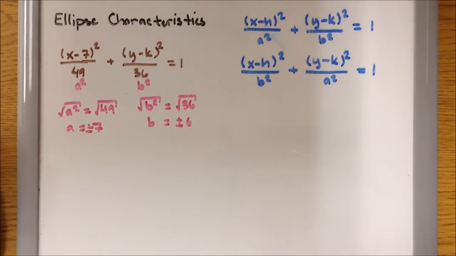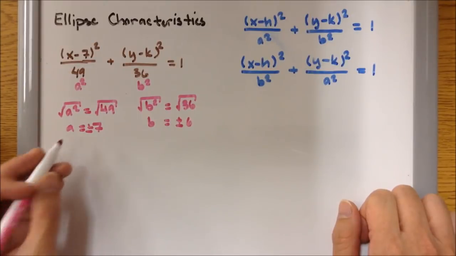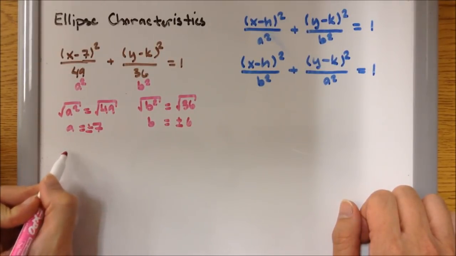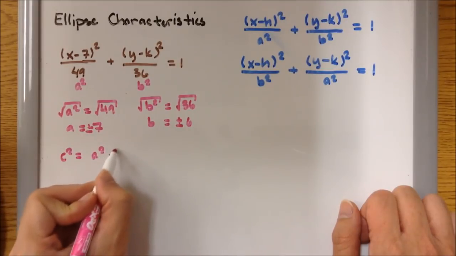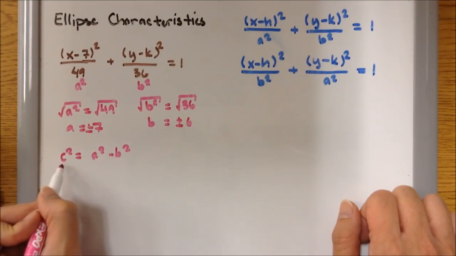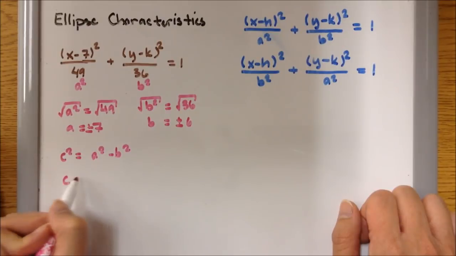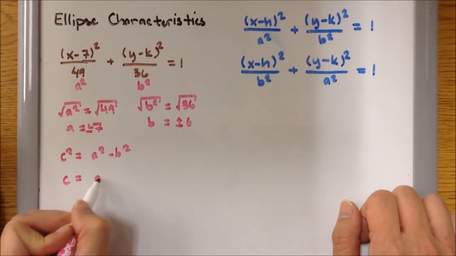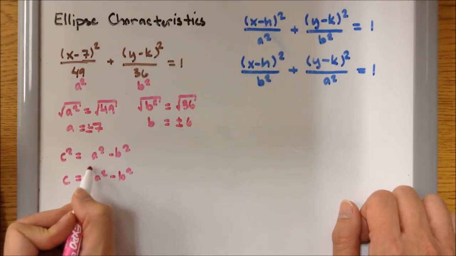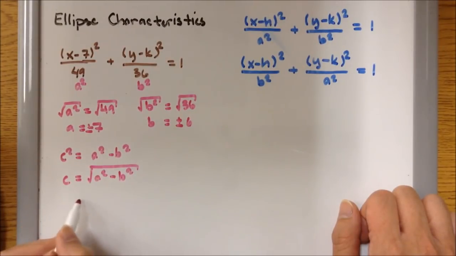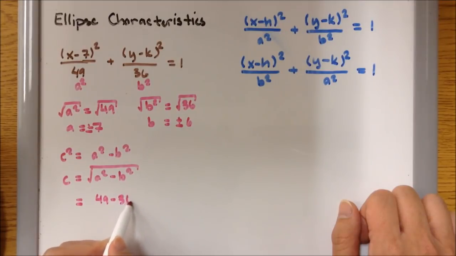Now to find C. The formula is C squared is equal to A squared minus B squared. If I'm looking for C, I'm simply going to be taking the square root of A squared minus B squared. So the square root of 49 minus 36.